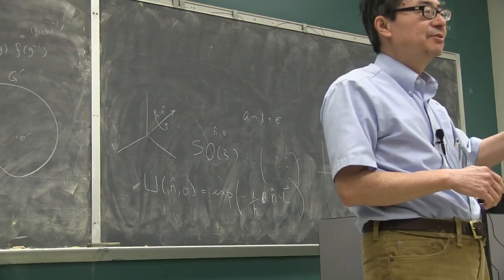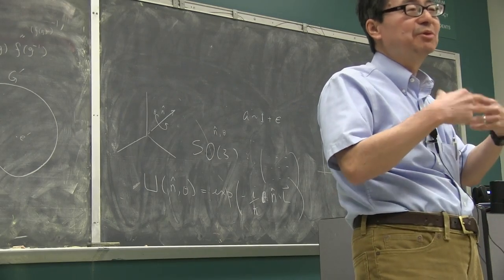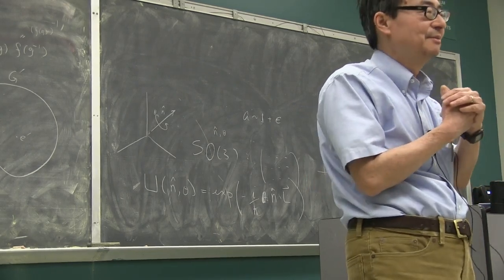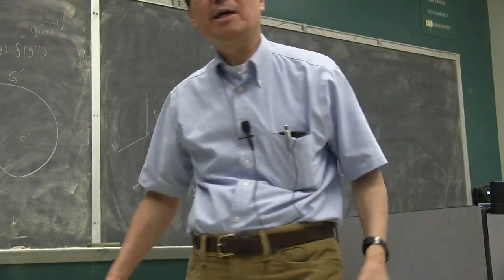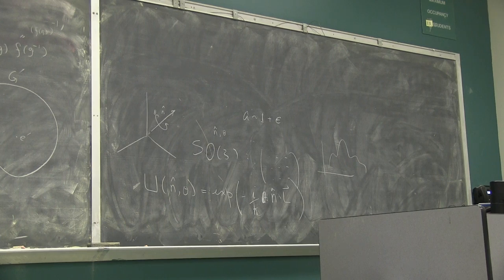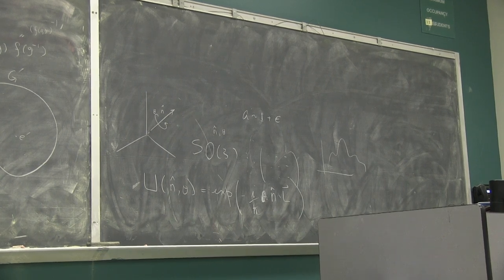Rotating that three-dimensional space does not produce a rotated wave function for the two electrons. So you have to think about it on a more abstract level like this. Abstractly or mathematically, it's the notion of group representations that takes care of this.